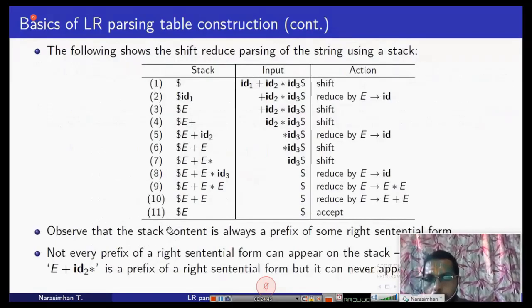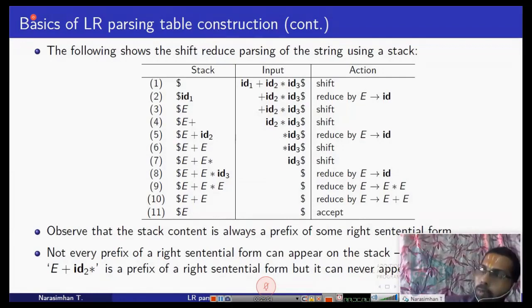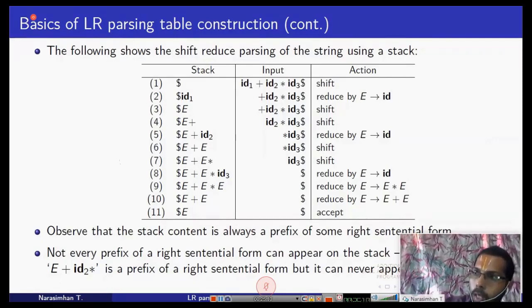Because whenever you see this ID2, ID2 is a handle, so it will be reduced to E before shifting this star. So that means this prefix E plus ID2 star will never occur in the stack. That means only certain prefixes of right sentential forms will occur in the stack.